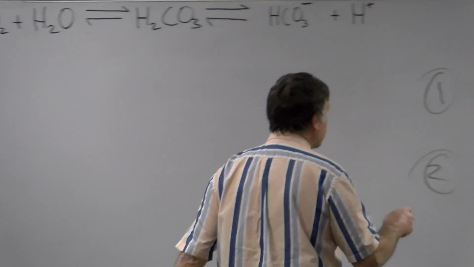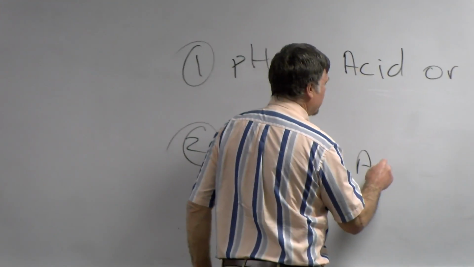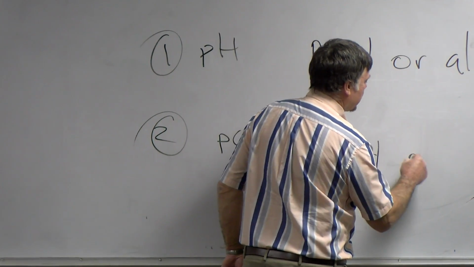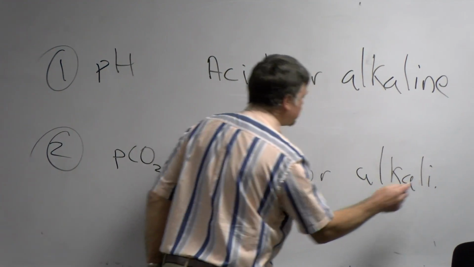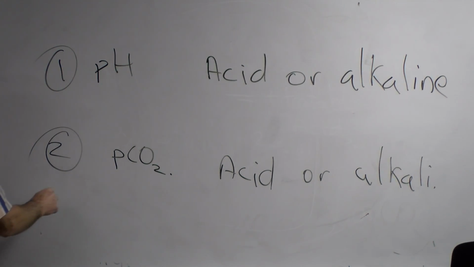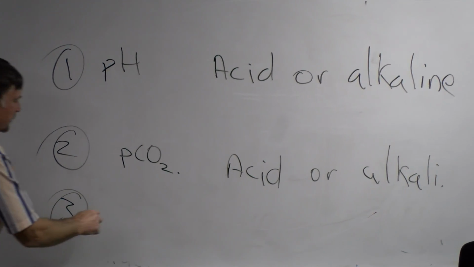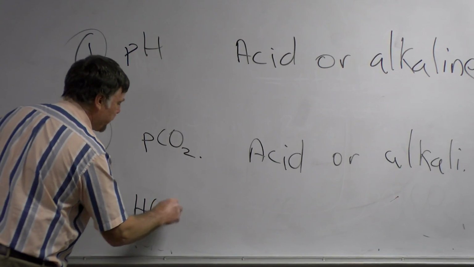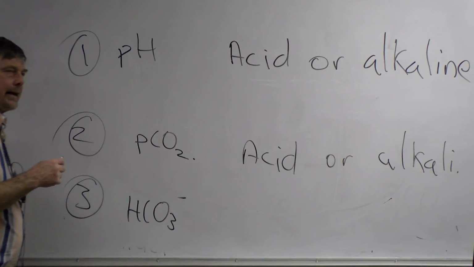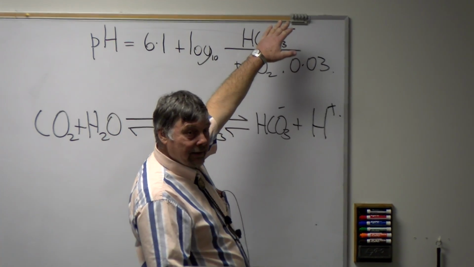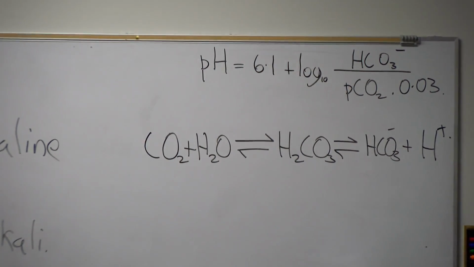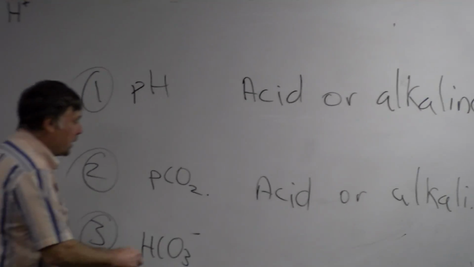Okay, and so I'll just do the same thing here, acid or alkali. And you can also look at the bicarbonate, HCO3, and again I'll say, well, if the bicarbonate's low, that would tend to be acid. And if it's high, it would be alkali.